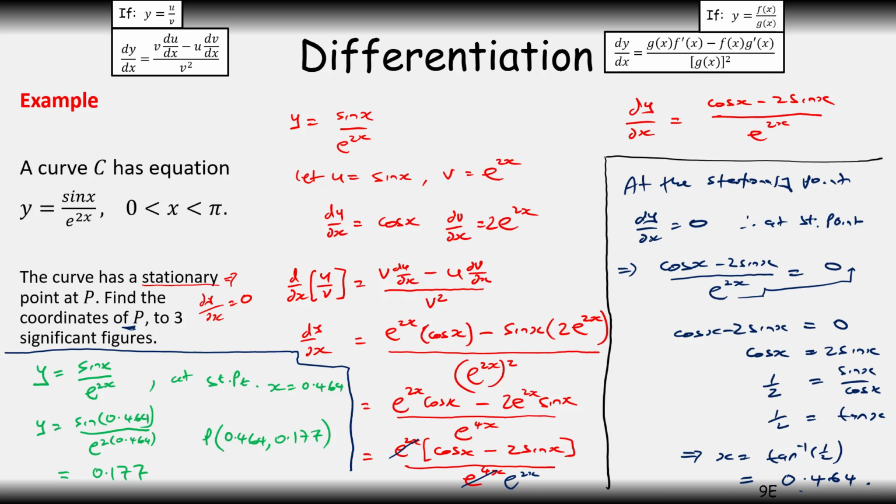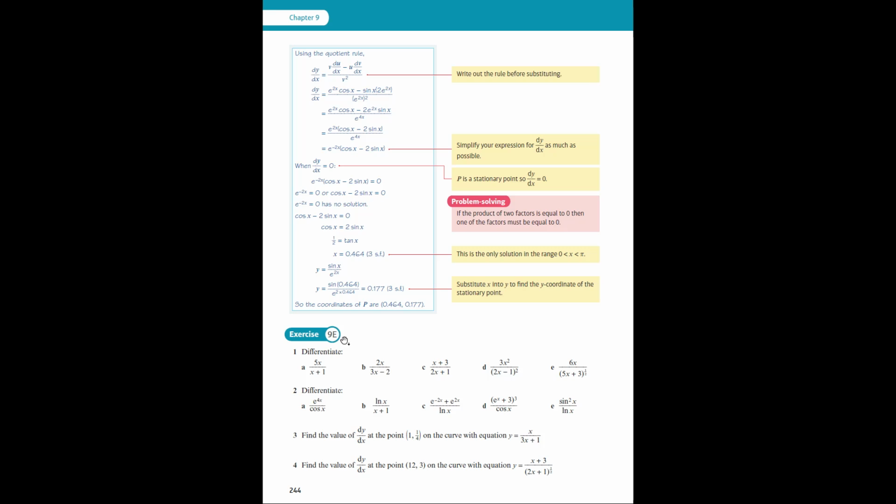So hit pause, make some notes. Once you're done with that, hit play again, and the best part, I've got some questions for you to have a go at. So you're looking at exercise 9E, and I would say, because again this is unfamiliar, it's worth doing questions 1 and 2 to become familiar.